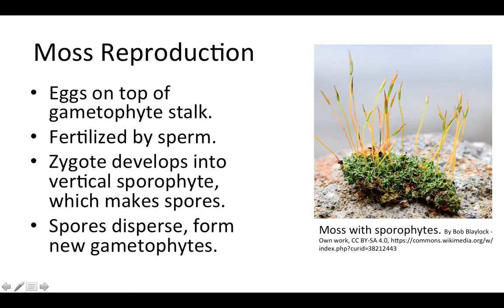So the difference here between the liverworts and the moss is that for the moss, instead of having a small sporophyte underneath the gametophyte, in this case, the sporophyte is starting at the top of the gametophyte and then growing upward. This is going to be important because what we're working towards is eventually all of the vascular terrestrial plants which have a dominant sporophyte generation.